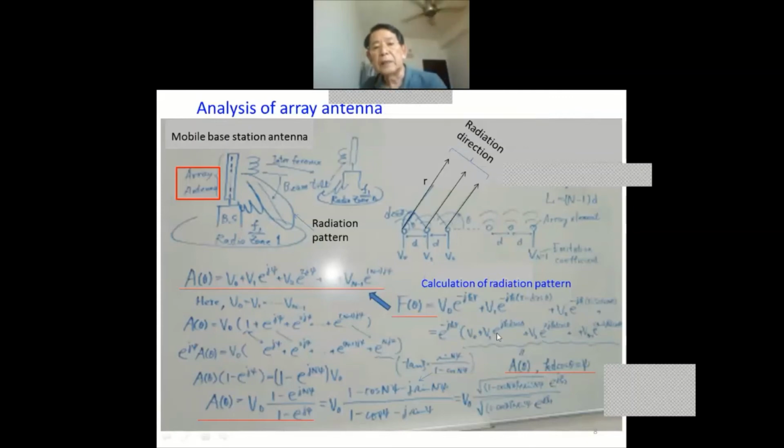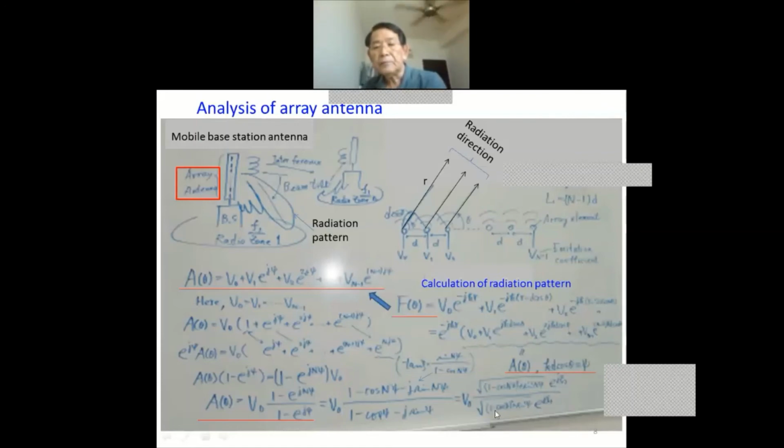So by adding all the elements, it is expressed as minus jkr. The equal part in all equations is put outside, then the part relating to the position is expressed by this one: V0 plus V1 e^(jkd cosθ).